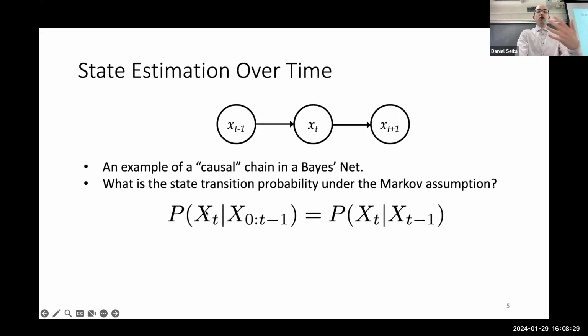Mathematically, we can write that as follows. If we want to know the probability of state xt given all the preceding ones, it is simply the probability of xt given xt minus 1. You can also deduce that from the structure of the Bayes net, if you just imagine a straight line where each node points to the next one.